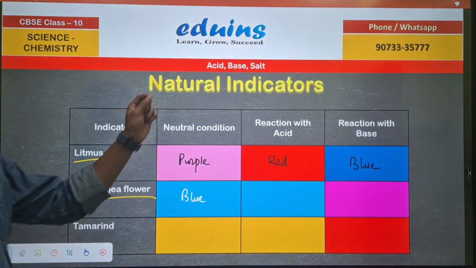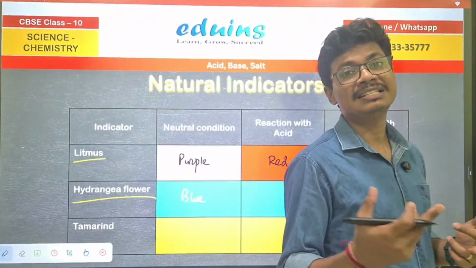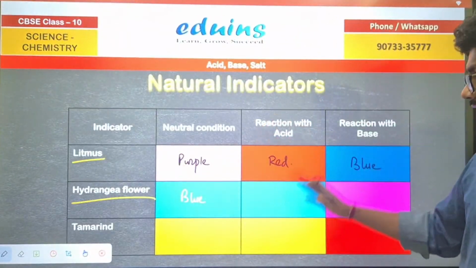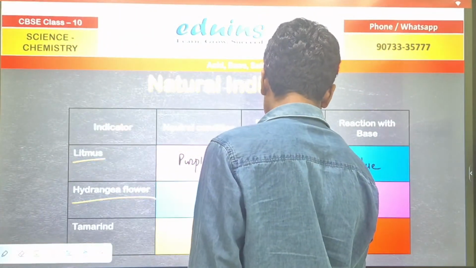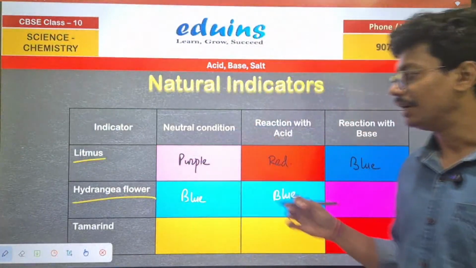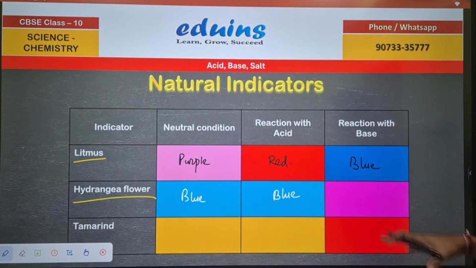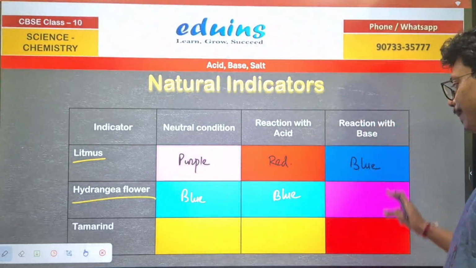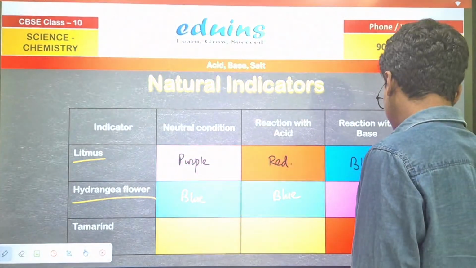But when it reacts with acid, it would not change its color. It still remains blue. So in acidic medium, the flower would not change its color. But in case of basic medium, it will change its color into pink.